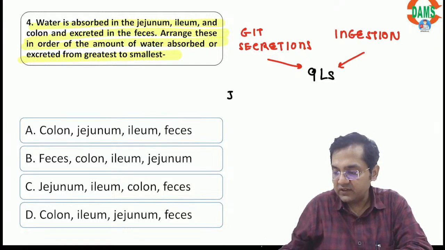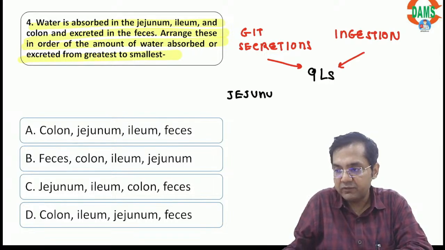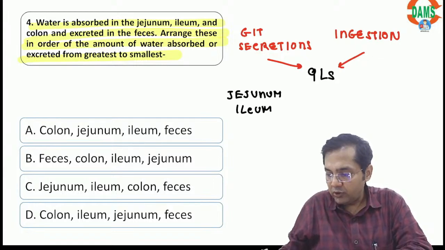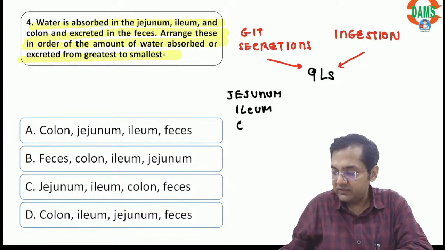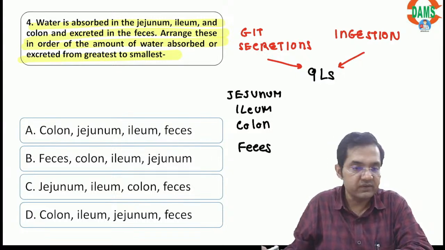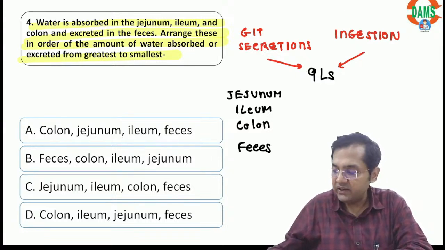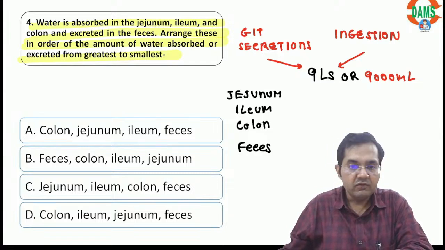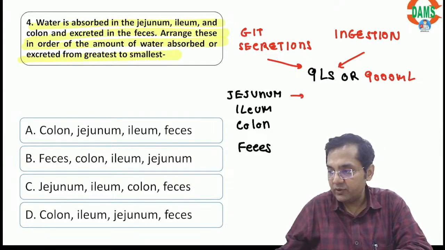Total, it gives my GI tract an exposure of around 9 liters of water. Out of this, there are 3 places where I reabsorb water. Jejunum, ileum, colon, and feces. So out of 9 liters or 9,000 ml, we are absorbing in the jejunum 5,500 ml.